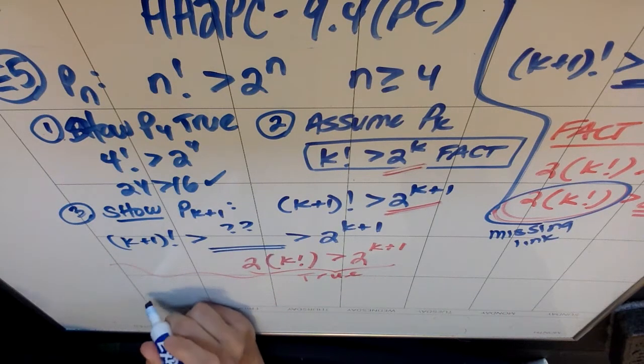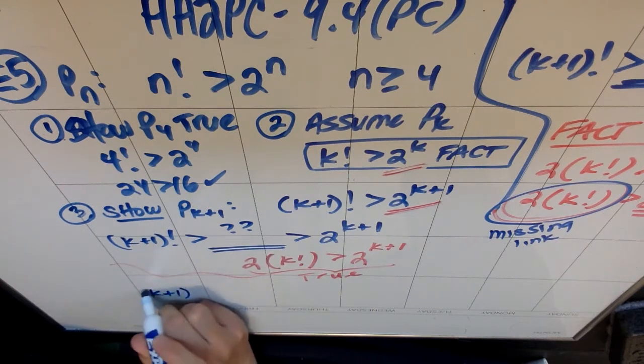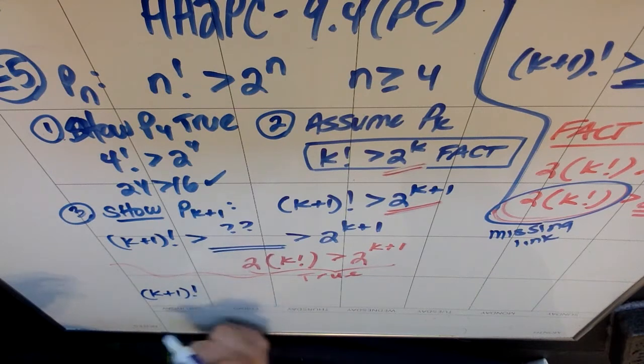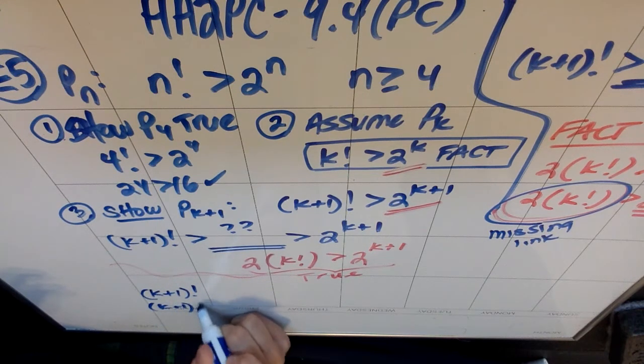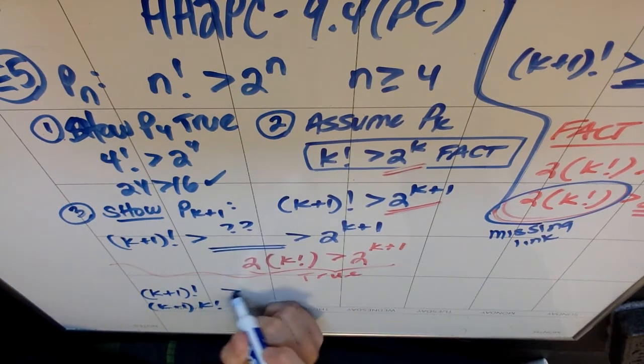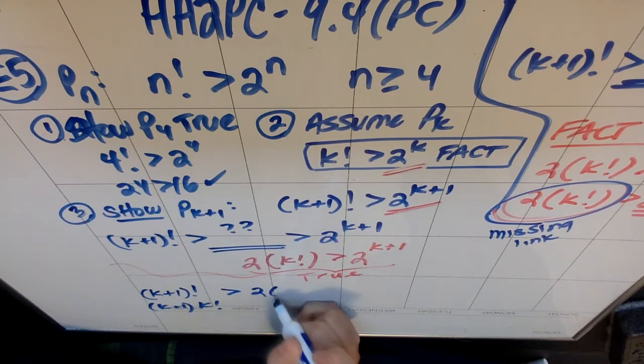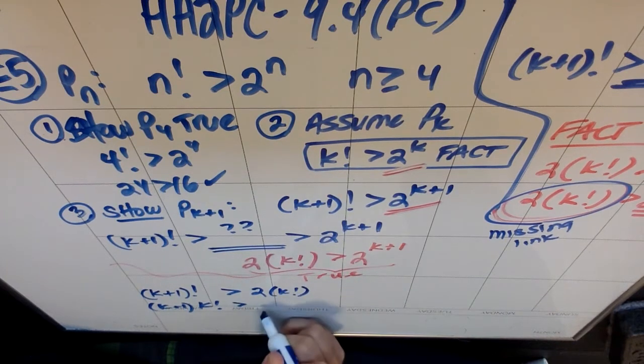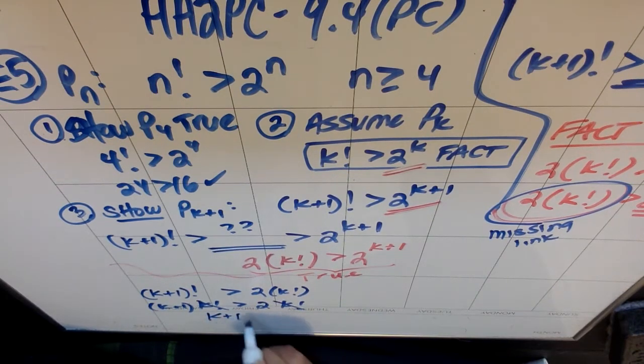So let's think about what a k plus 1 factorial is. K plus 1 factorial is k plus 1 times k factorial, and I'm trying to show that that's bigger than 2 times k factorial. If you notice, they both have a k factorial. So essentially, I could divide by k factorial, which is non-zero, and say that for any k plus 1 greater than 2, this statement has to be true, so k is greater than 1.